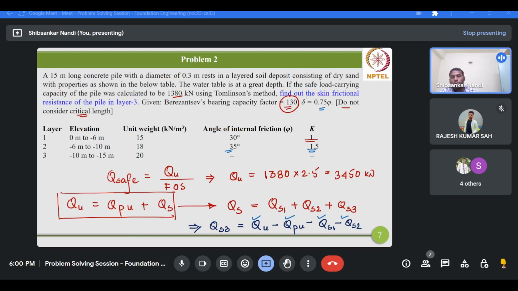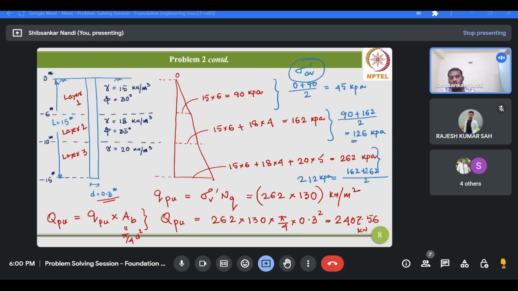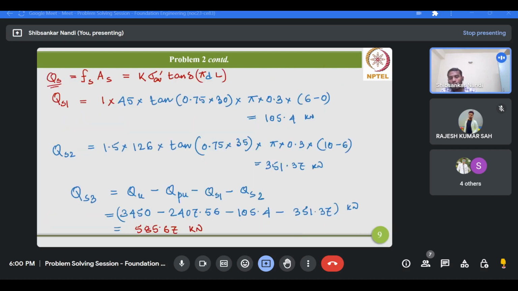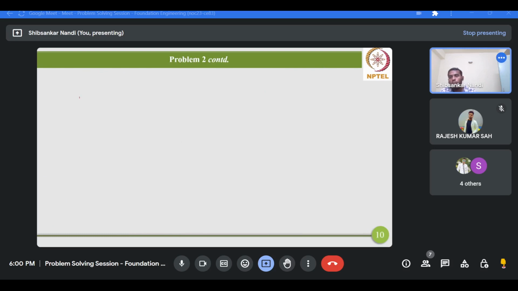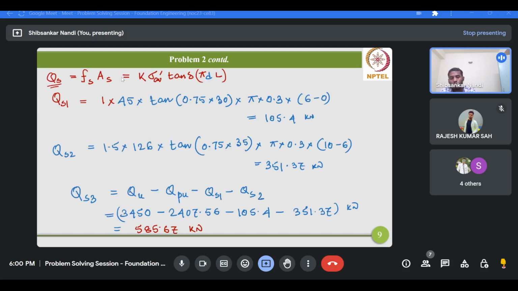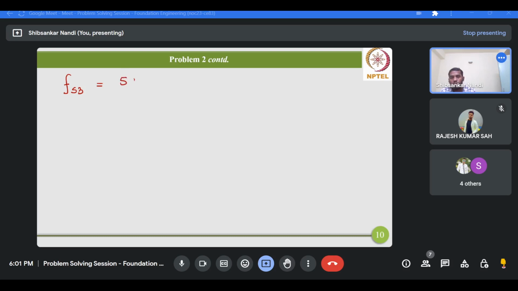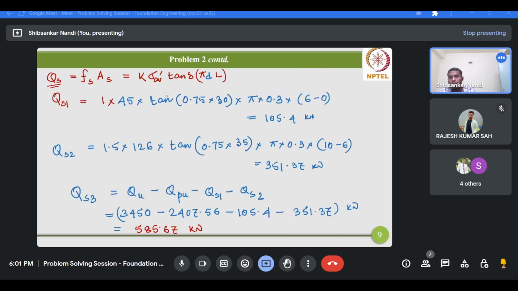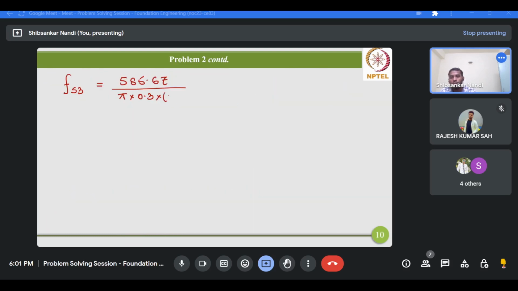Now if you try to evaluate the unit skin friction resistance, then you have to divide this value by the corresponding surface area, that means A_s3. So to calculate the A_s3 value, we have to divide this 585.67 by the respective area, so pi multiplied by 0.3. What is the length? 15 minus 10, that means 5 meter.